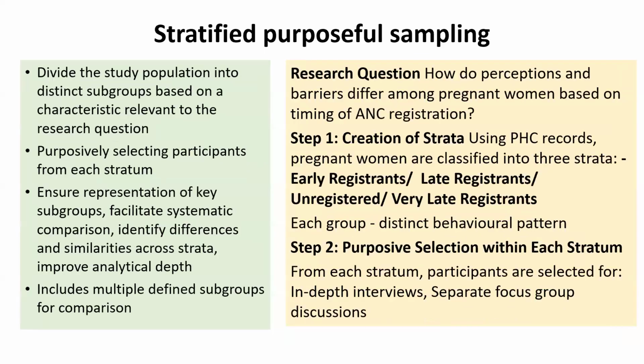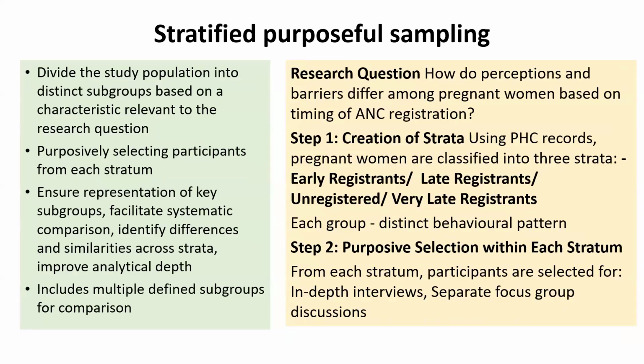The next is stratified purposeful sampling. Now here you divide the study population into strata, like in your probability sampling. So you have a heterogeneous group, and you make homogeneous subgroups. And then within that, you can use any of these purposive sampling methods to select your participants.